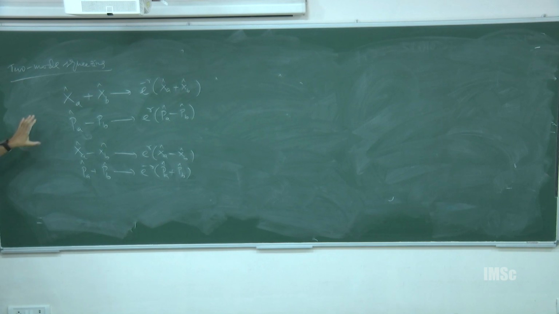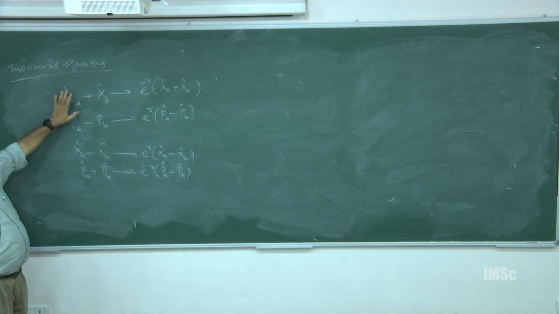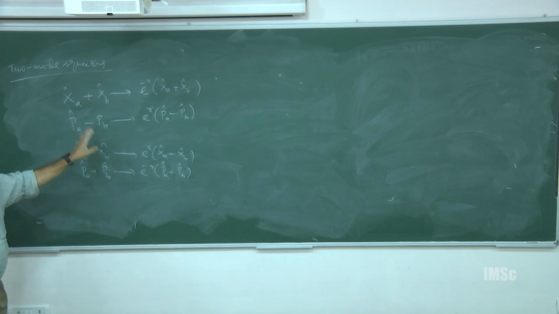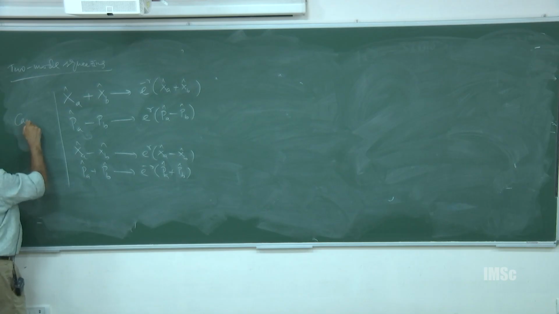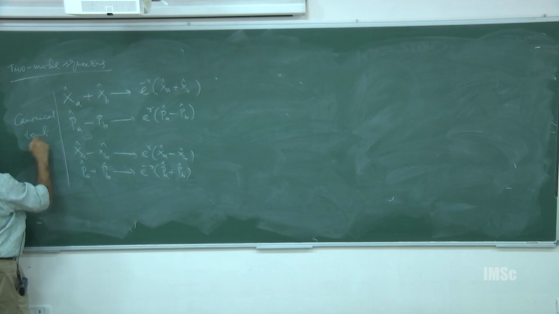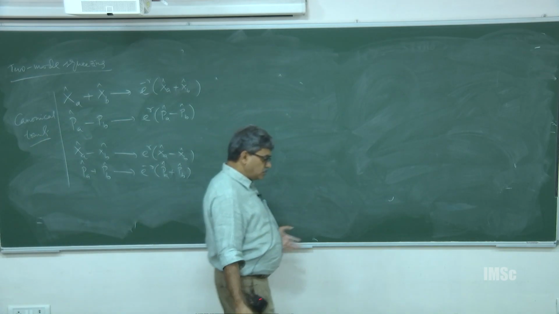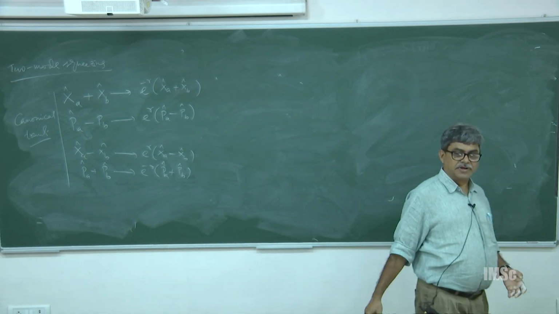They are canonically conjugate. So yes, this is a canonical transformation, and you can verify that; it is not difficult. And for this canonical transformation, of course, one should then look for a unitary representation of it.